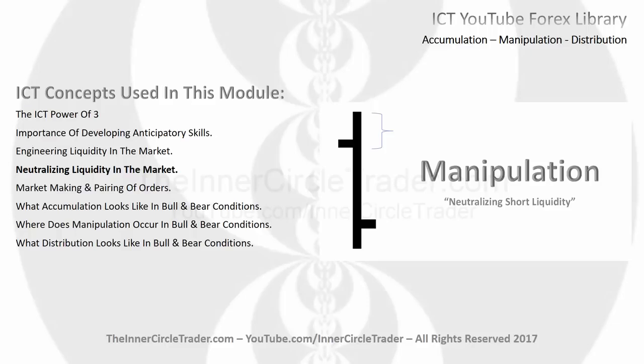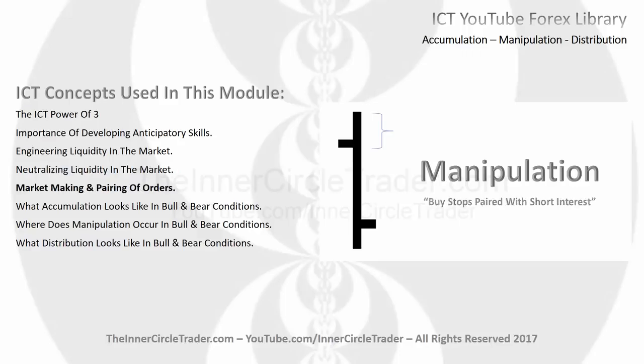So that buy stop that hits the market as a market order, smart money will sell to their willing buy stop. So in other words, if the market trades up to your buy stop, that buy stop becomes a market order to buy at the market. Smart money will be counterparty to that.